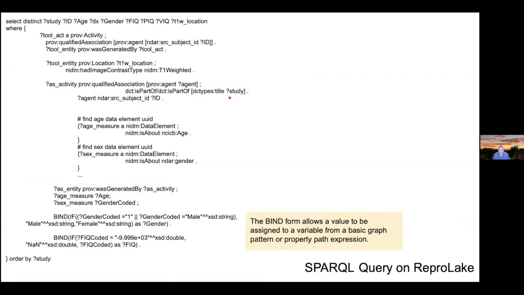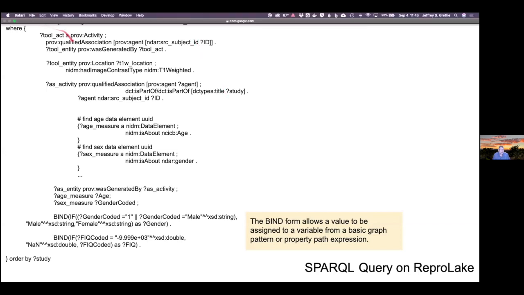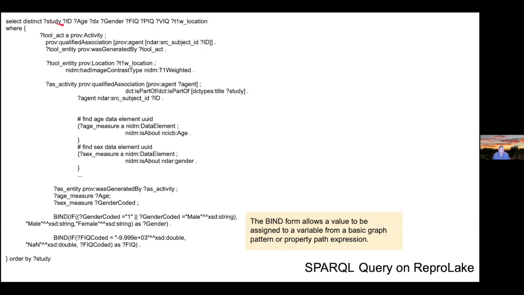And on the ReproLake, we have some sample queries that we're providing. And so here, what we're doing, and this is what was shown in the last slide, is pulling out information on studies, subjects' age, their gender, some IQ measures, and the T1 weighted image.